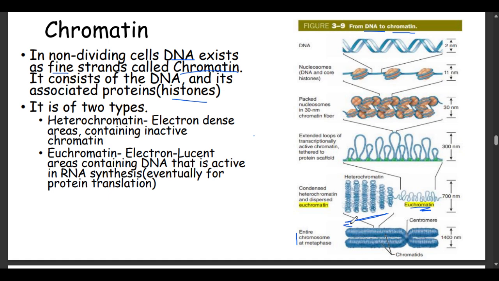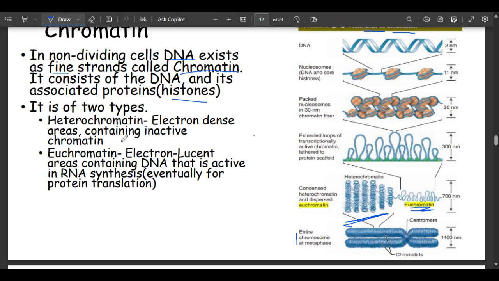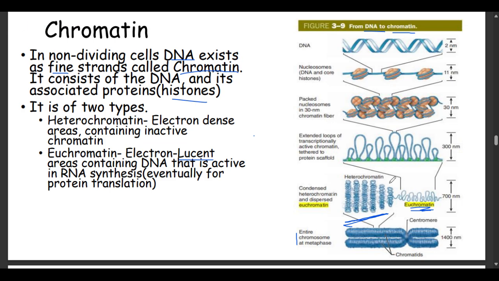If it is supercoiled and electron dense, it's going to be called heterochromatin. While if it's euchromatin, it's electron lucent. That means there are not much electrons, and it's going to be in fine strands. And this one usually exists when the cell is in active protein synthesis or protein translation.